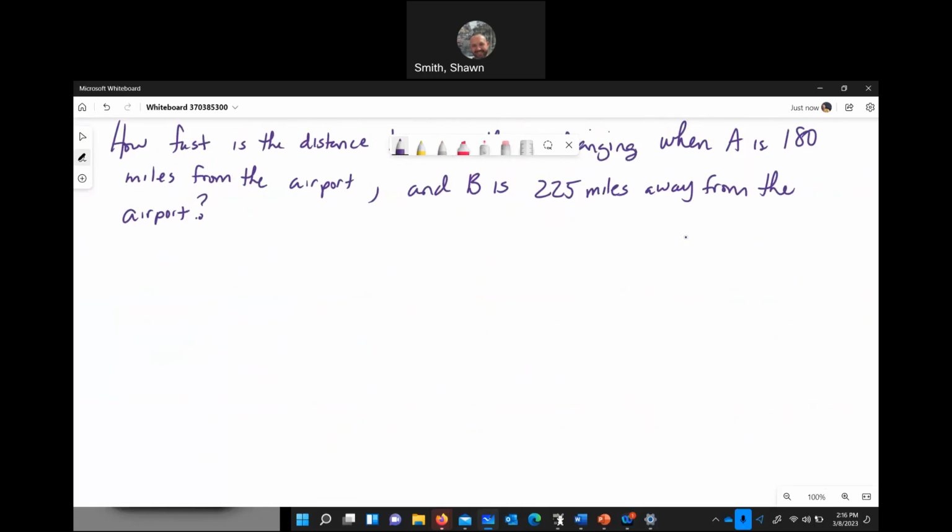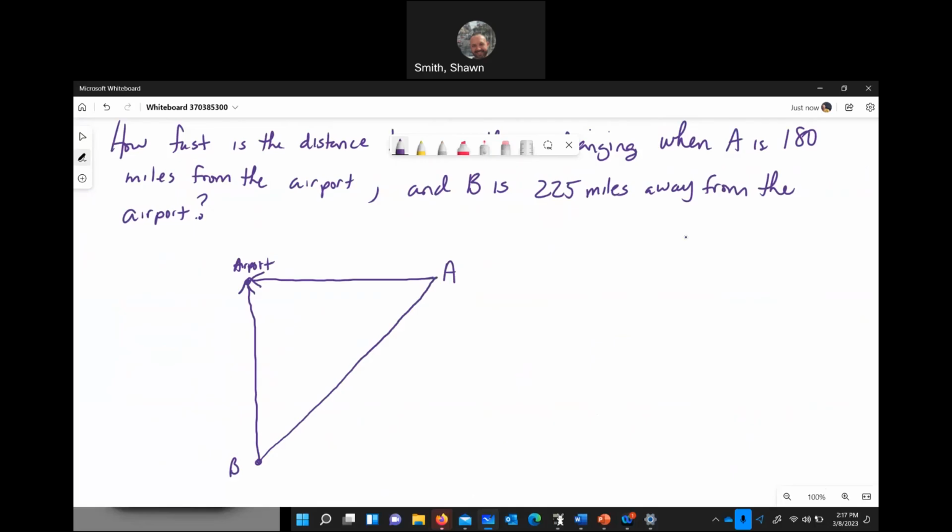We have the airport, plane A heading due west towards the airport, and plane B going due north towards the airport. And we want to know the distance between the two planes. How is it changing?